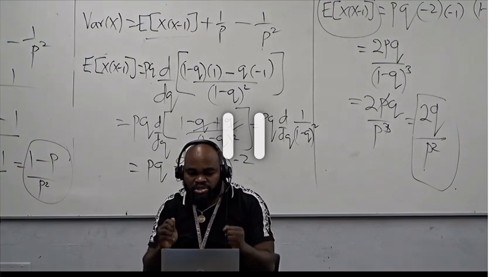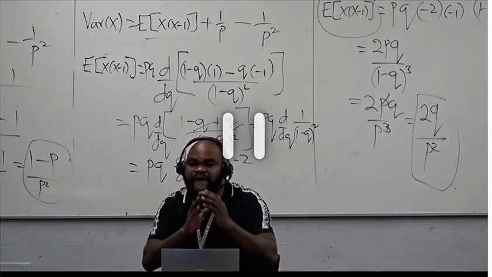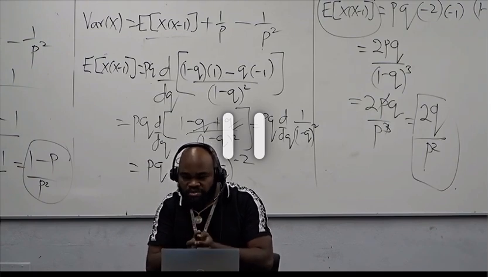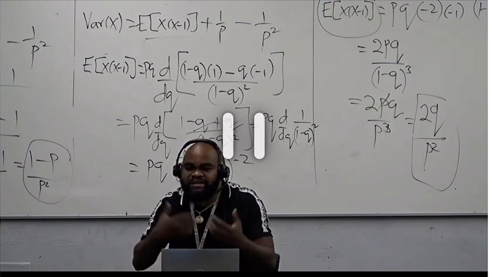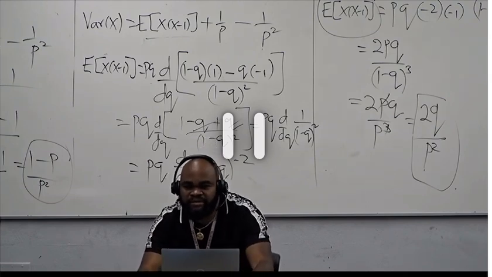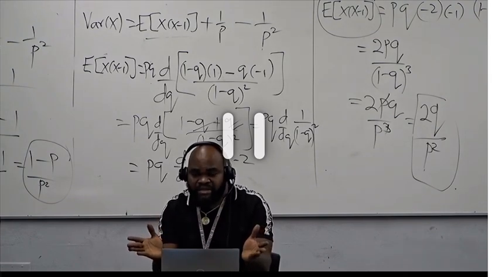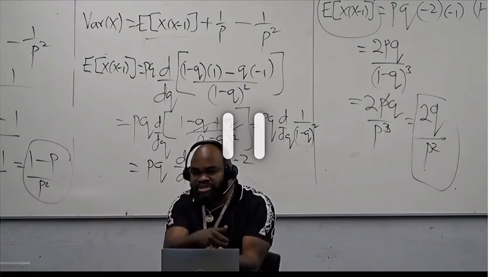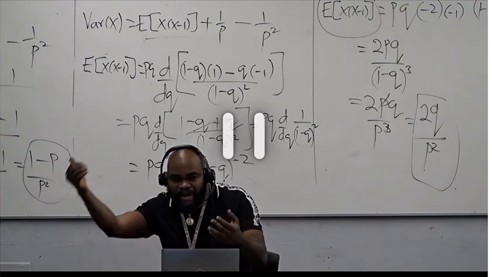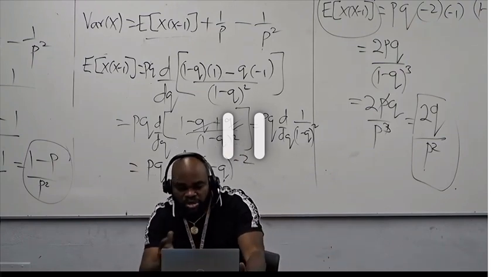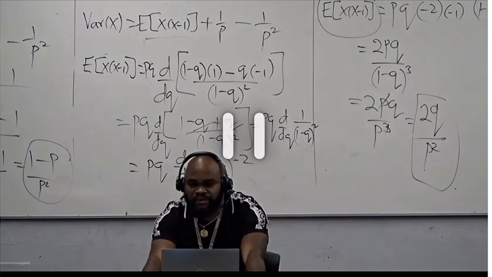So what I'm also going to show you tomorrow is, if I know the mean and variance of geometric distribution, how can I derive the mean and variance of negative binomial? Because they are connected. Negative binomial is a general form of geometric distribution, as binomial is a general form of Bernoulli distribution. We're going to use the same idea tomorrow.